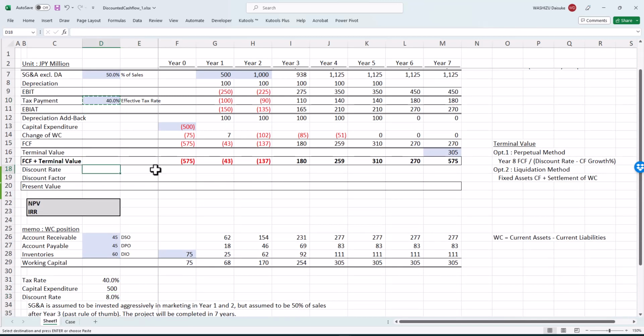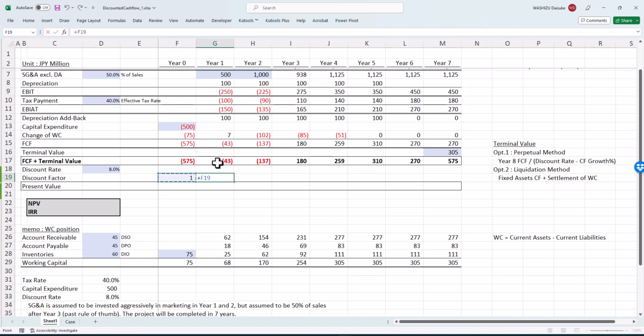We have an 8% discount rate. So now we can have a discount factor. The year 0 is as of today. We don't have to discount because today is certain, right? But as for year 1, it's in the future. It's uncertain, so it's a target of the discount. So how do we get the discount factor?